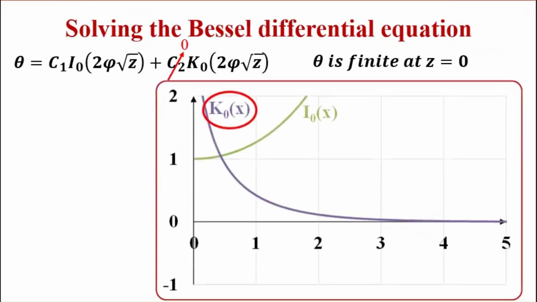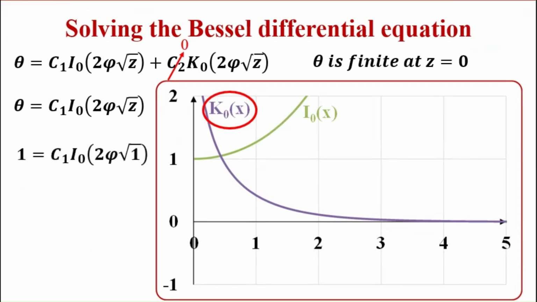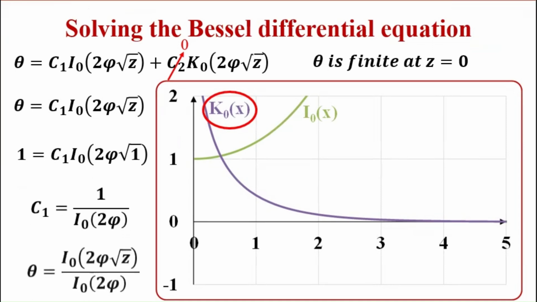Consequently, the solution of the differential equation simplifies. By applying the second boundary condition, namely the temperature at the base of the fin, the coefficient C1 is obtained, and from there the particular solution of the differential equation is determined.